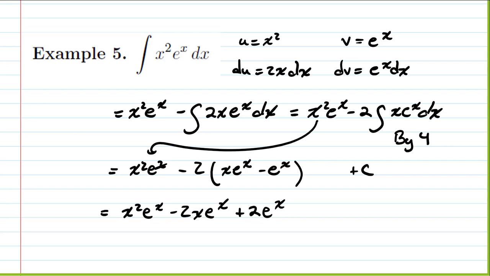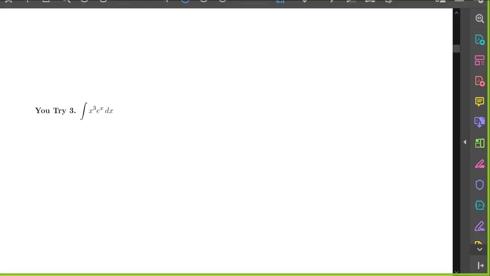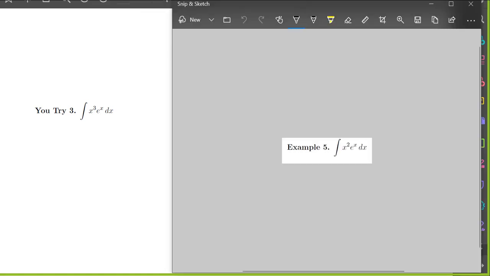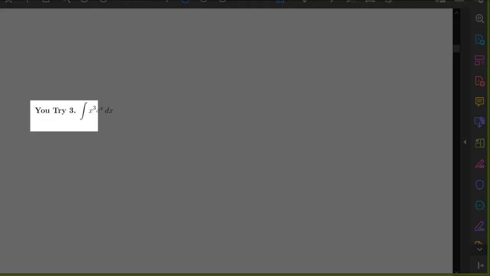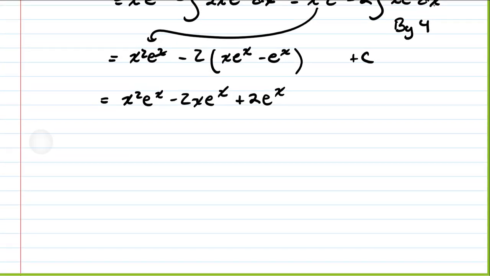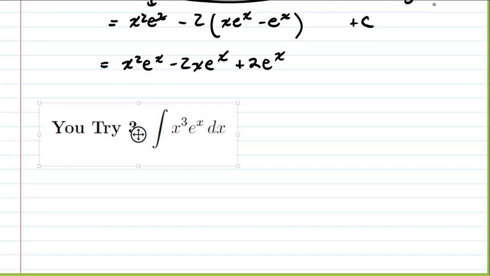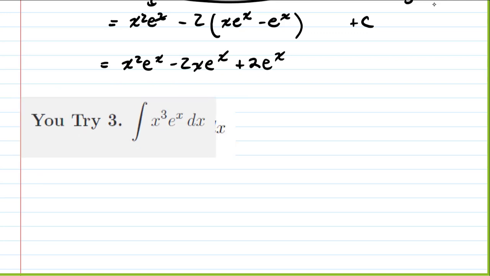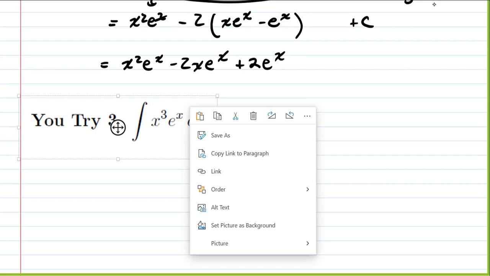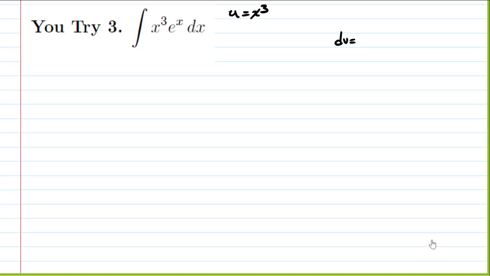Interesting. Very, very interesting. All right, example, well, not example because it's a U-try 3, aka example 6. I want you guys to do it, so what are we going to pick for our u this time? Yeah, we're going to pick u equals x cubed, and dv equals e to the x dx.